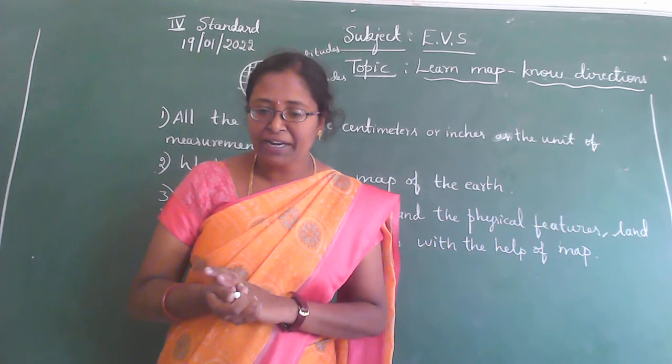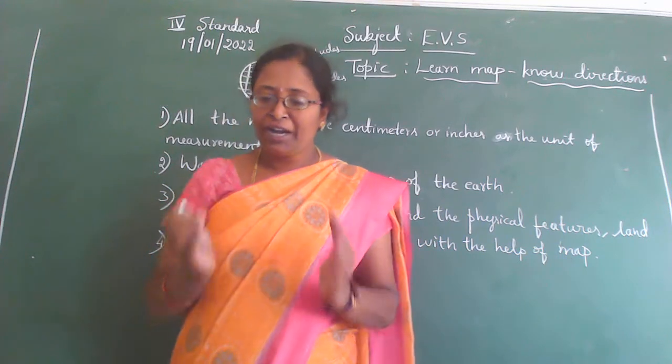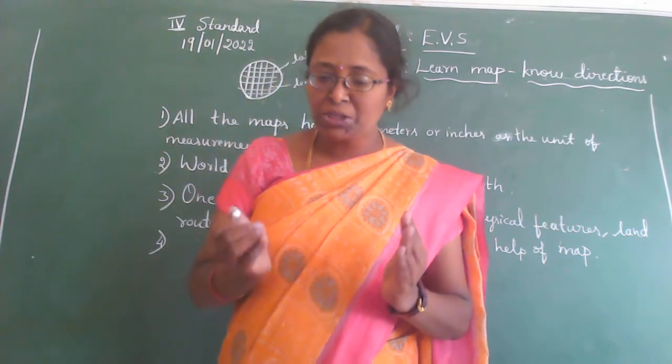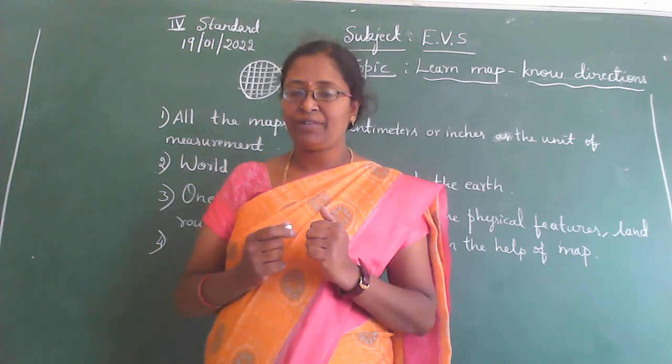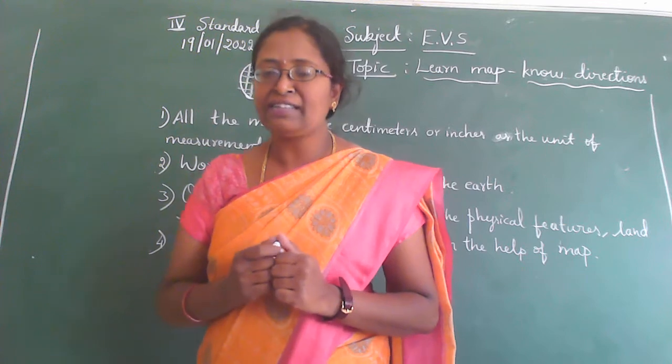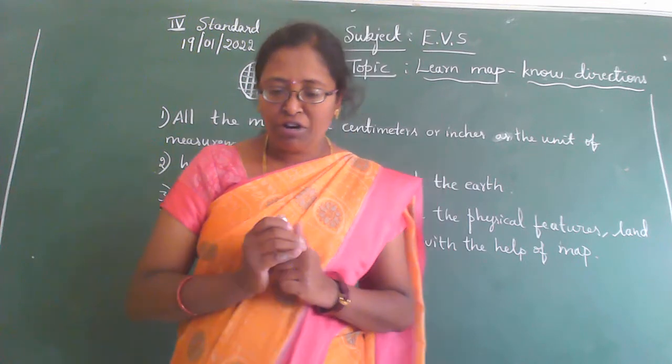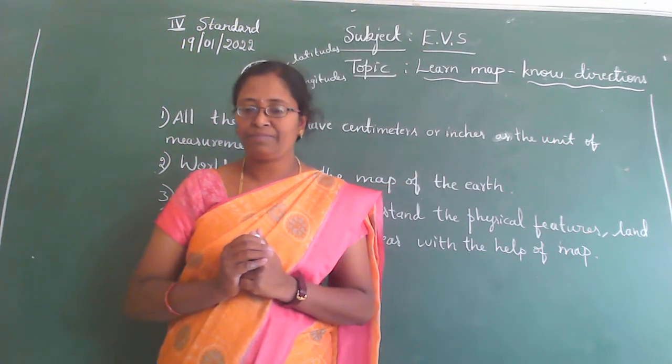Okay, a grid means it is a network of evenly spaced horizontal and vertical lines. These lines are used to identify the location on a map.